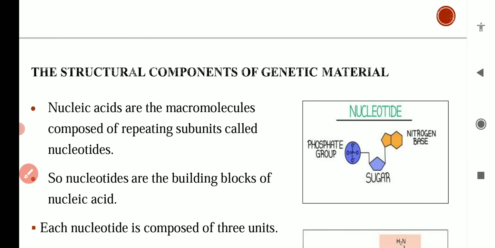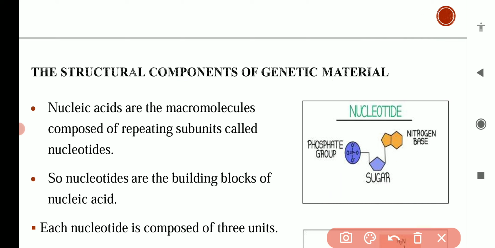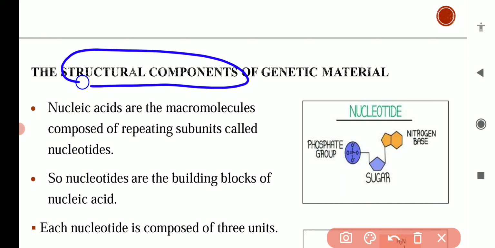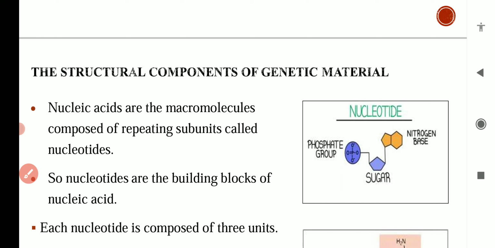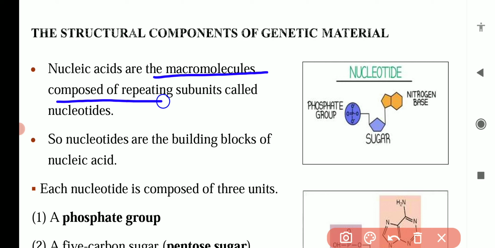Then the structural components of genetic material. We all know that DNA and RNA are the genetic material. So what are the different structural components, the different parts of the genetic material? Nucleic acids, DNA or RNA, are macromolecules composed of repeating subunits called nucleotides.